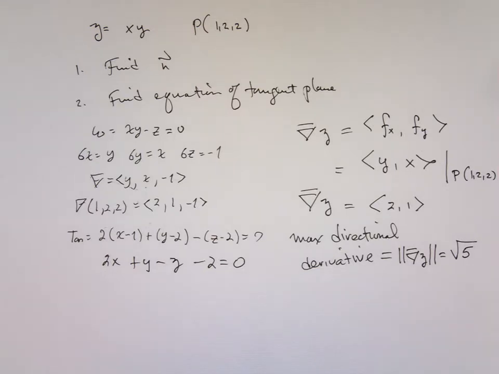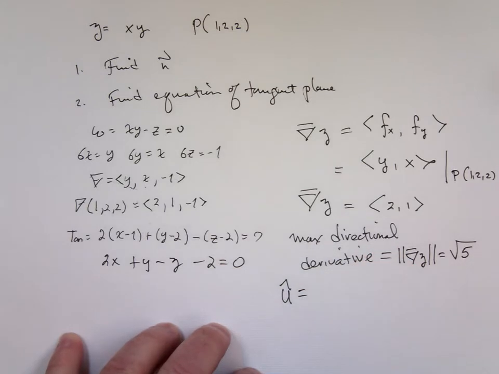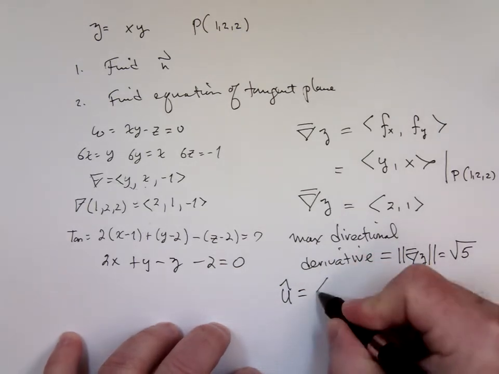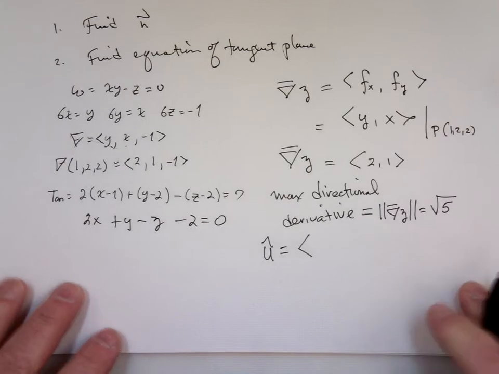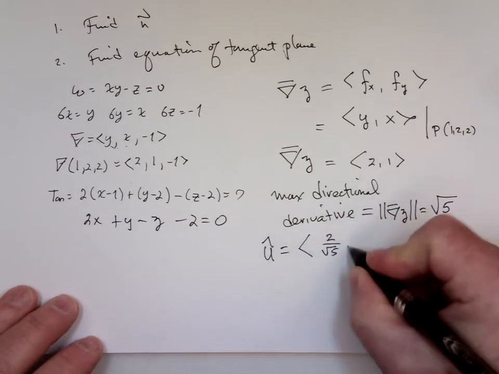Now, here's what we're going to do to verify this. I'm going to find the directional derivative of our surface, z equals xy, at this point in this direction. Let's take a unit vector in the direction of the gradient. The unit vector is 2 over the square root of 5, 1 over the square root of 5.